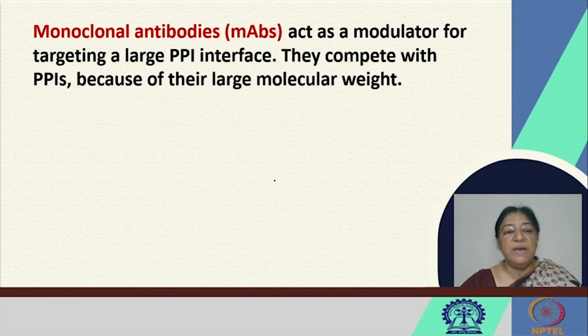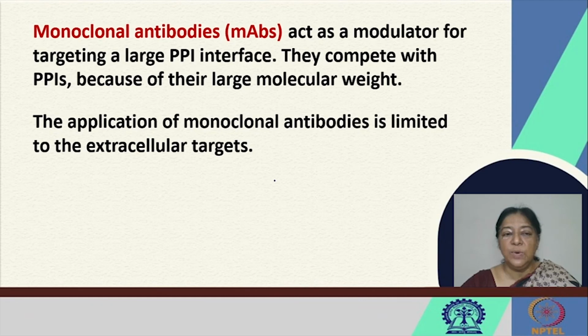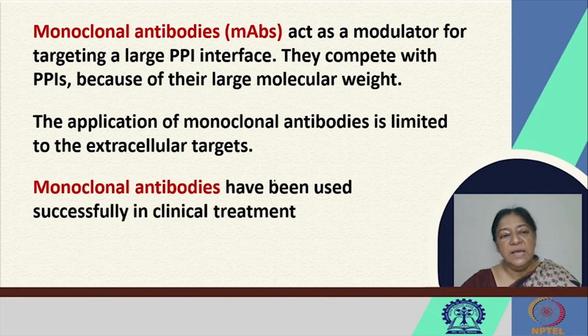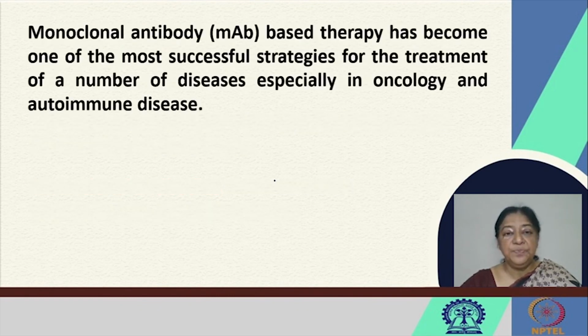This is where we have monoclonal antibodies that act as modulators for targeting these protein-protein interfaces. They compete with PPIs because of their large molecular weight, and the application of these monoclonal antibodies is limited to extracellular targets. What we have here are some specific types of antibodies that have actually been used in clinical treatment.